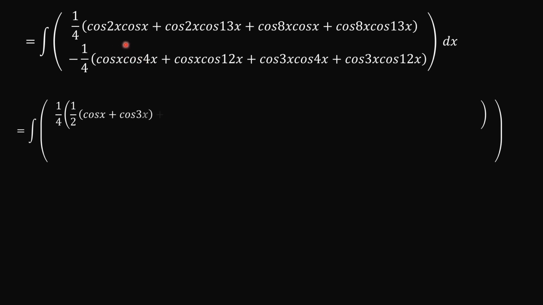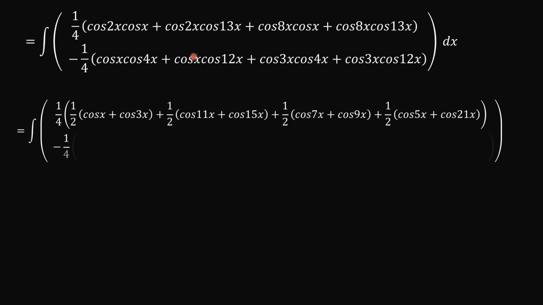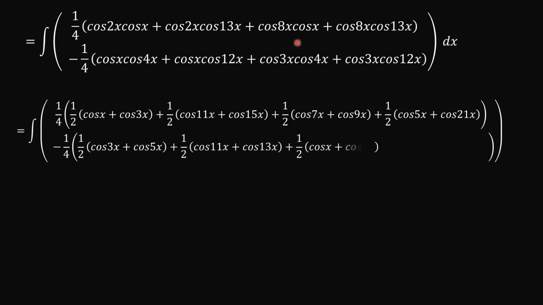That leads you to right here: cosine 2x and cosine x is cosine x plus cosine 3x, because 2x minus x is x, and 2x plus x is 3x. 2x plus 13x is 15x, 13x minus 12x is x, 8x minus x is 7x, 8x plus x is 9x, and you continue all that.